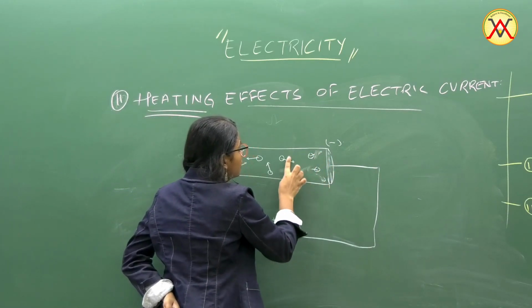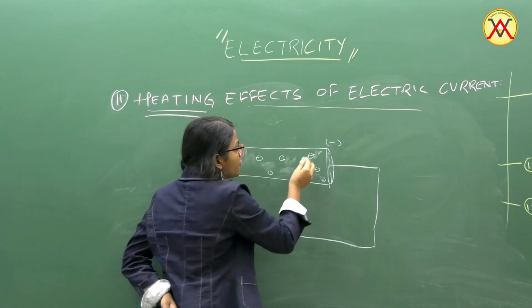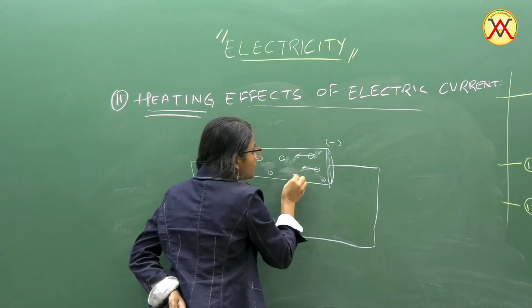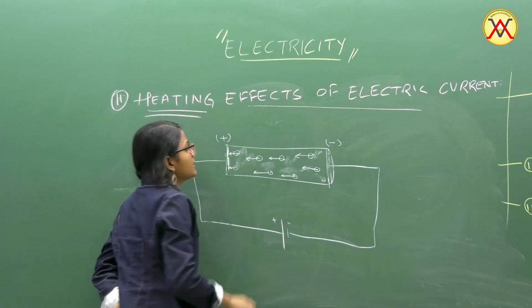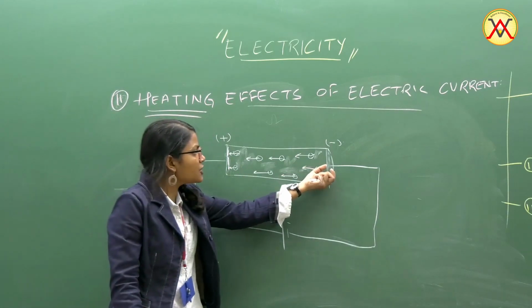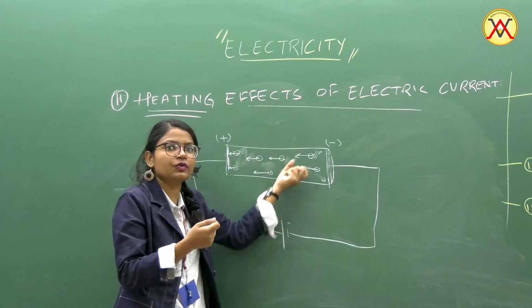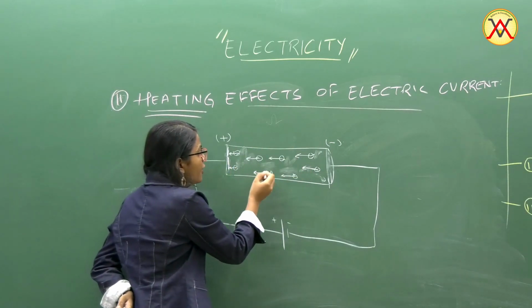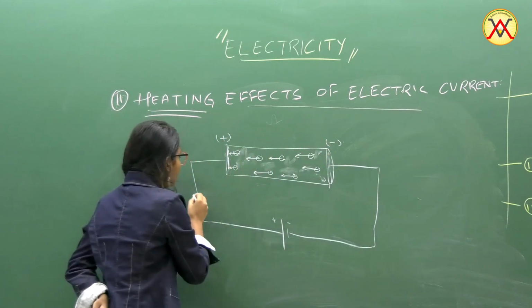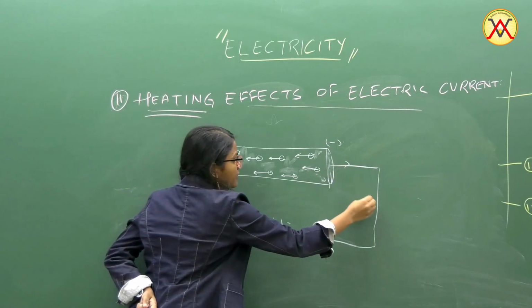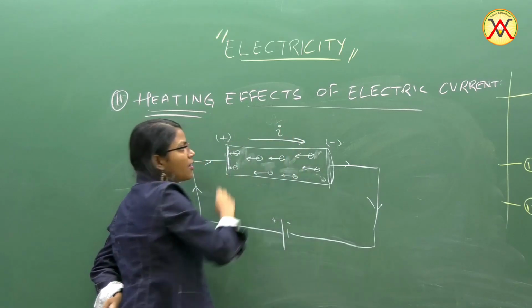All these electrons would experience a drifting force, and they would try to move in this direction. When charges are moving in a set direction, we say that our current is flowing through our conductor. So, if the direction of electron is towards the left, then our direction of current would be towards right. This is our current.